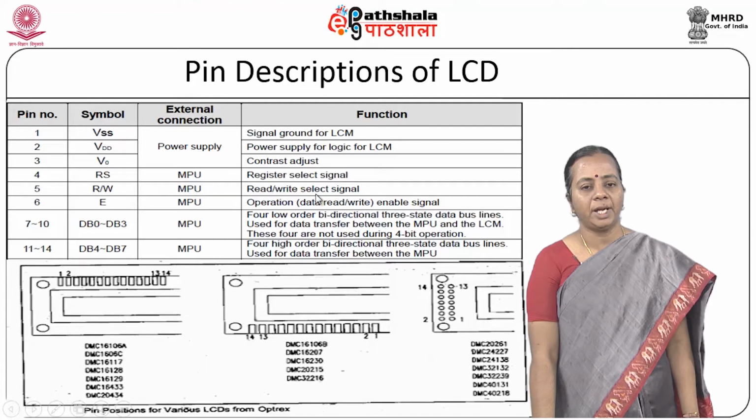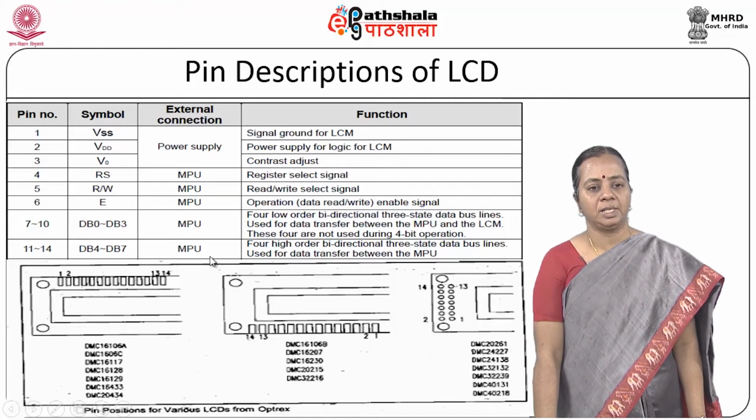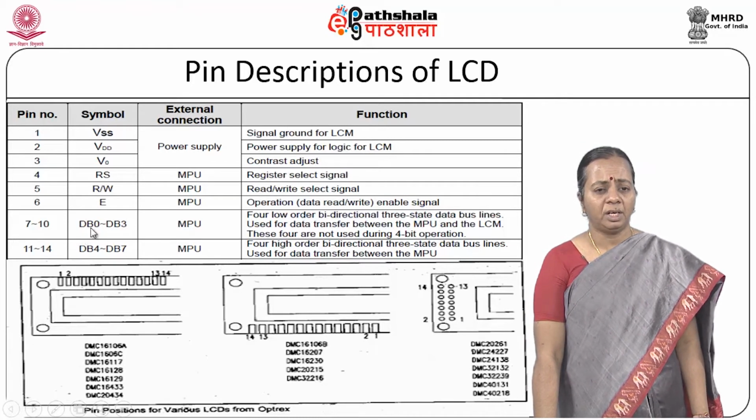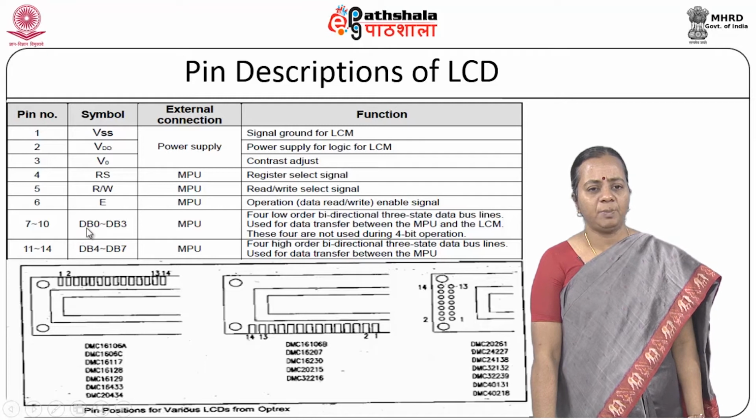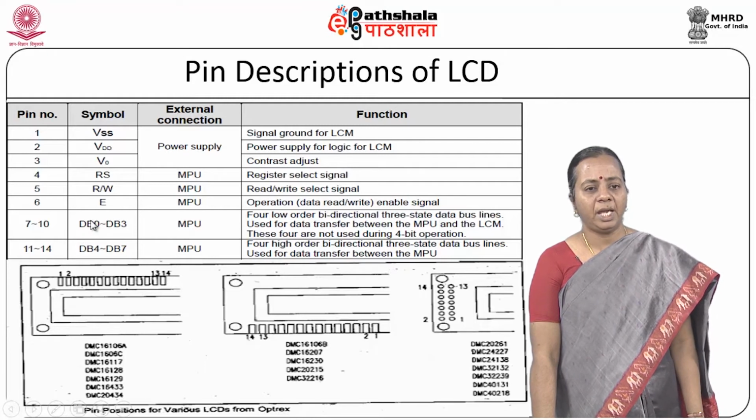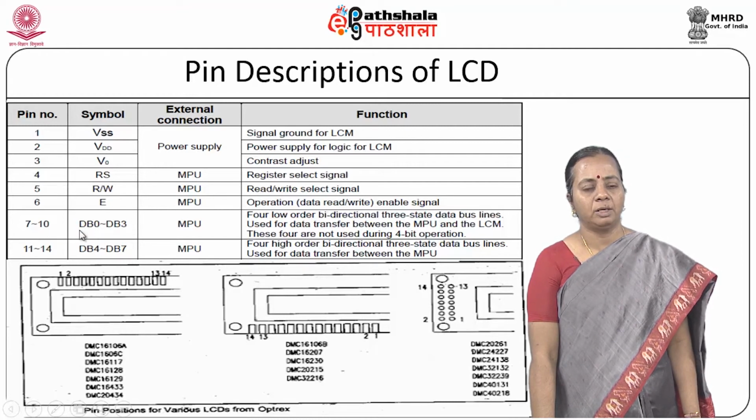Then there is the read/write select signal, and E is for enabling the LCD. We have DB0 to DB7, 8 bits of data pins, where pins 7 to 10 are the lower nibble and pins 11 to 14 are the upper nibble data pins.